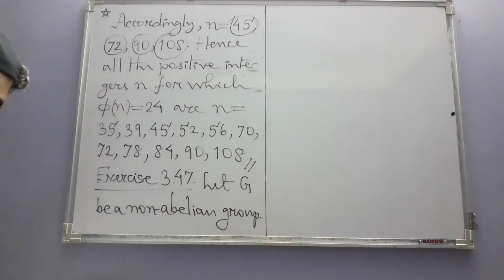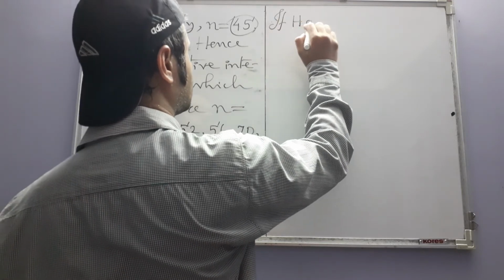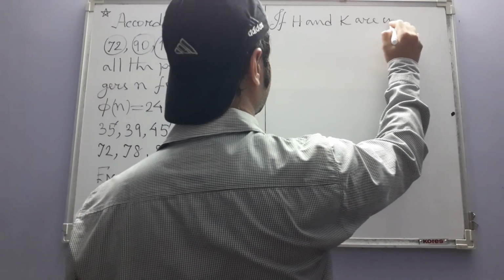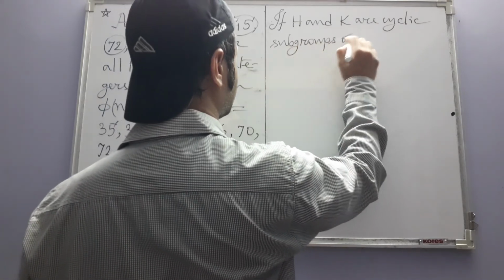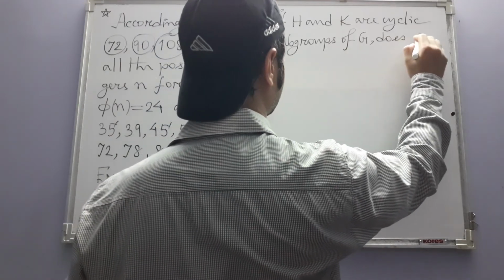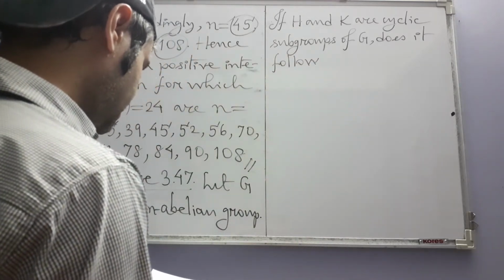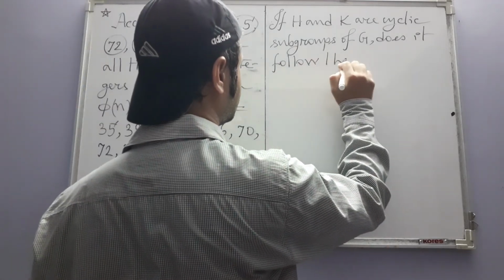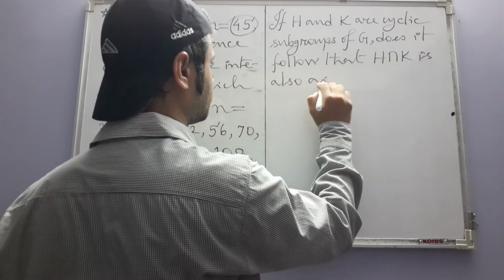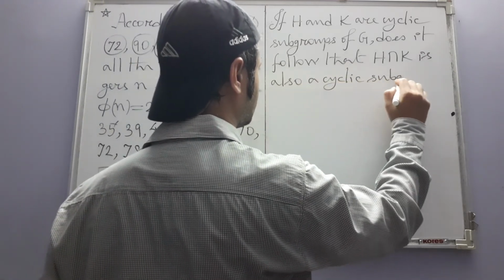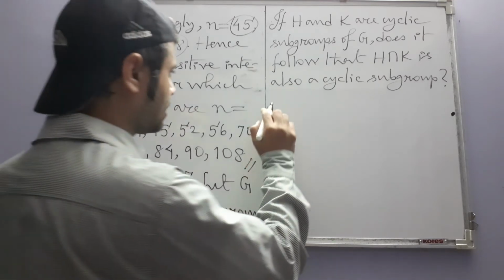If H and K are cyclic subgroups of G, does it follow that their intersection is also a cyclic subgroup? Prove that it does, or provide a counterexample.